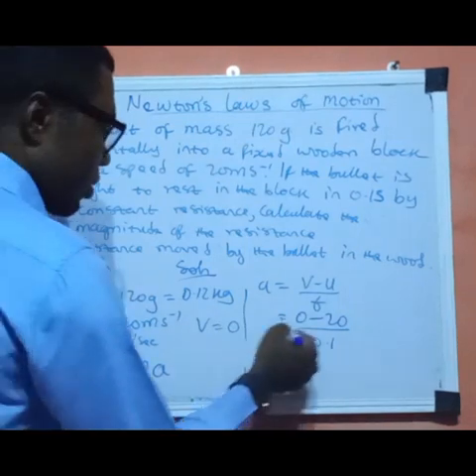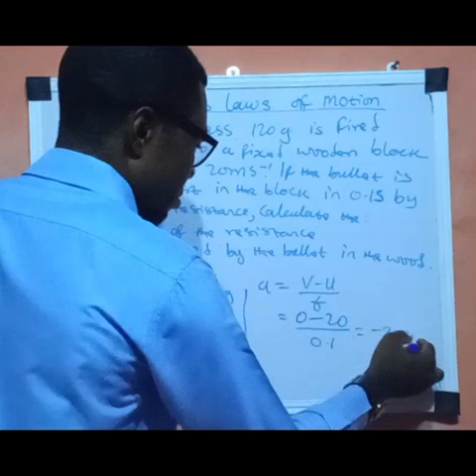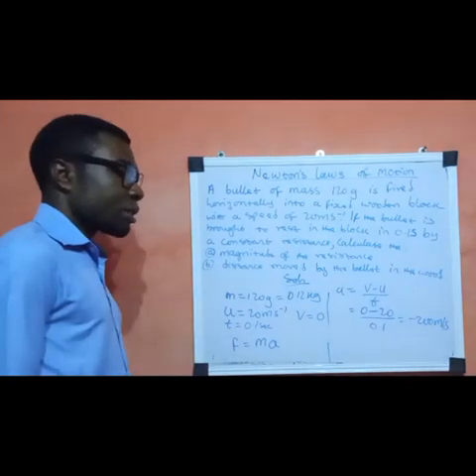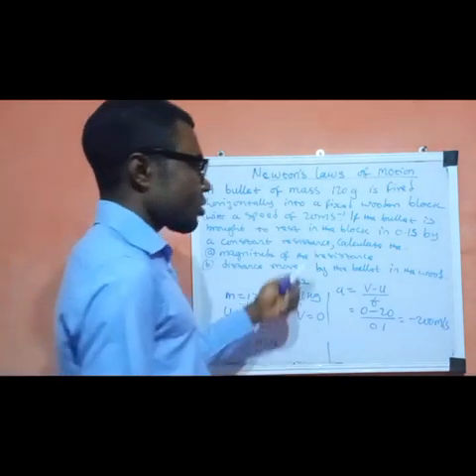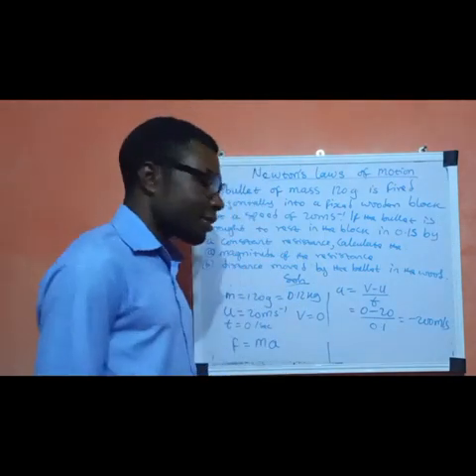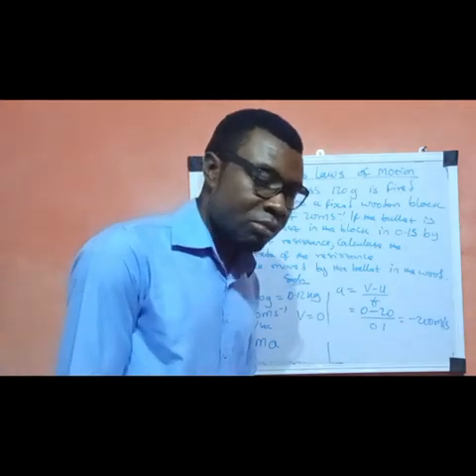That is going to give us minus 200 meters per second squared. It is minus because what happened is not acceleration, it is deceleration. There was a decrease in speed. That is why the body came to rest.